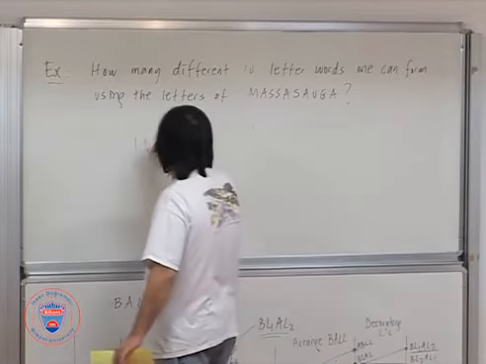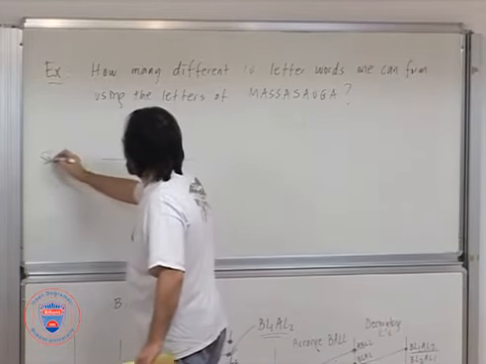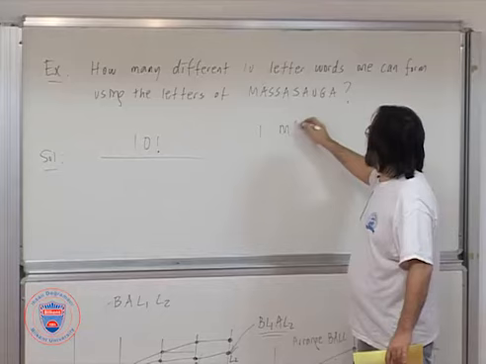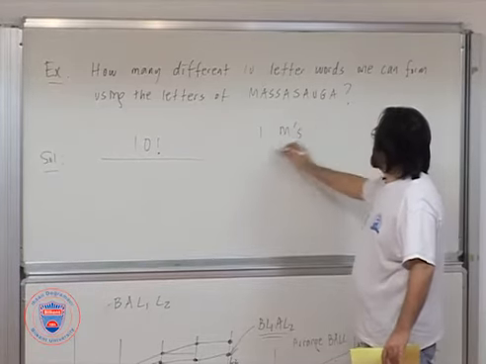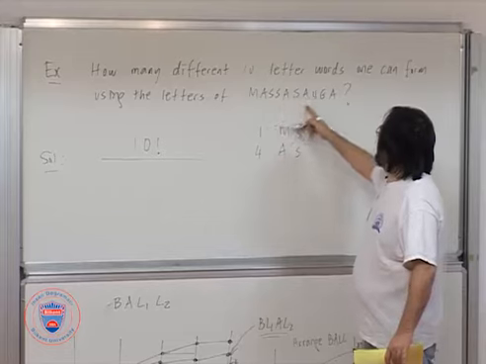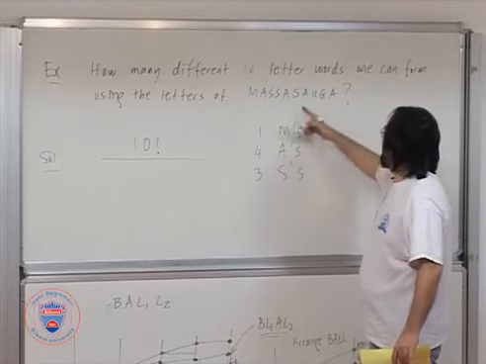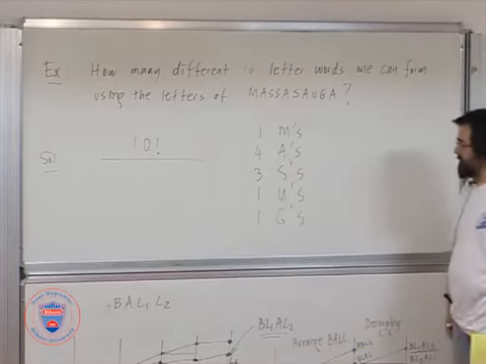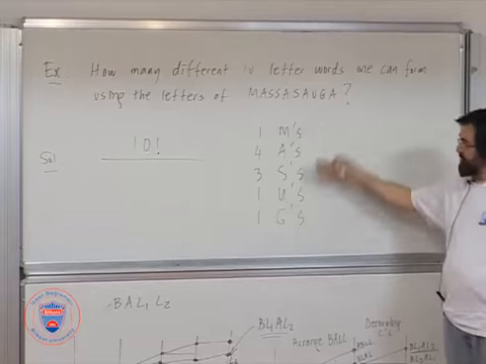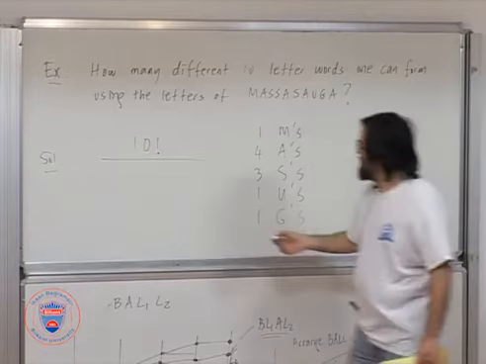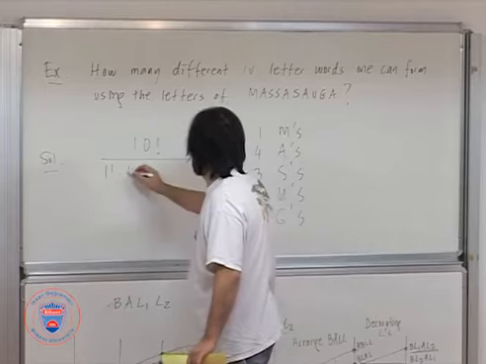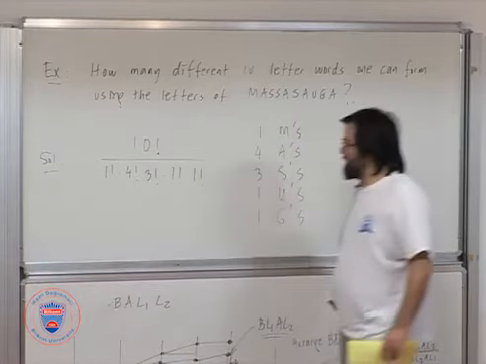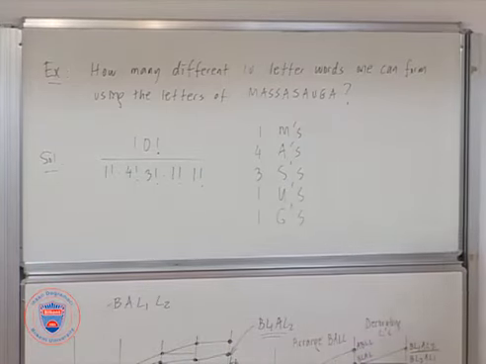You have 10 letters, so it should be 10 factorial, divided by. So you have 4 A's, 3 S's, 1 U, and 1 G. So you have to put a factorial for each of them. One factorial is already 1, so you can put it there, but it won't count. So it's actually 10 factorial divided by 4 factorial times 3 factorial.